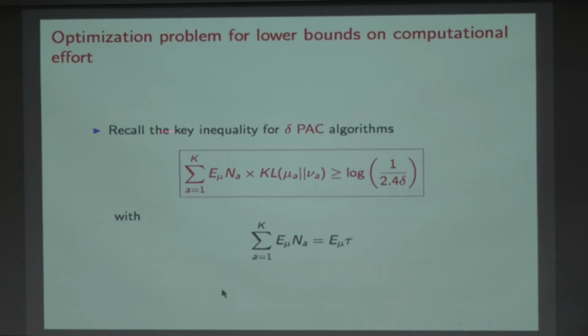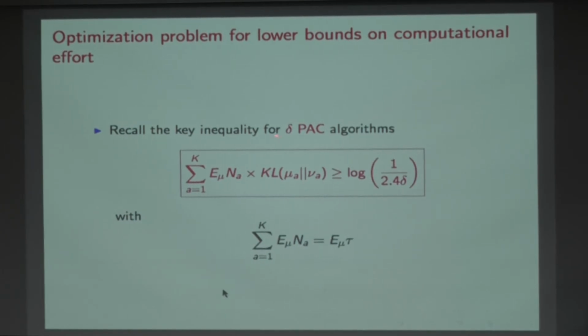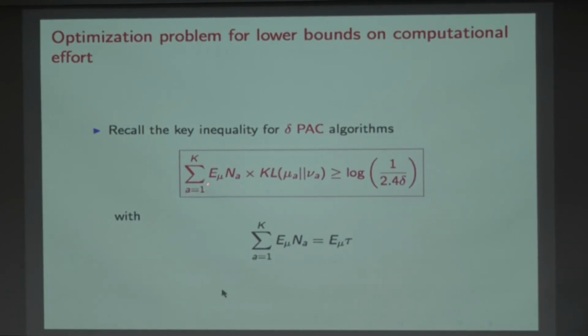This is what the computer scientists and learning theorists have been doing in the last 5-6 years. So now what happens is that my key inequality for delta-PAC algorithms, recall, with k arms, would be the amount of effort I spend on arm a, for a equal to 1 to k, in expectation, times the Kullback-Leibler distance between mu a and nu a. Now these are means, right? This should be greater than or equal to log of 1 upon 2.4 delta. Where recall that, again, this summation here is just the expected value of tau.